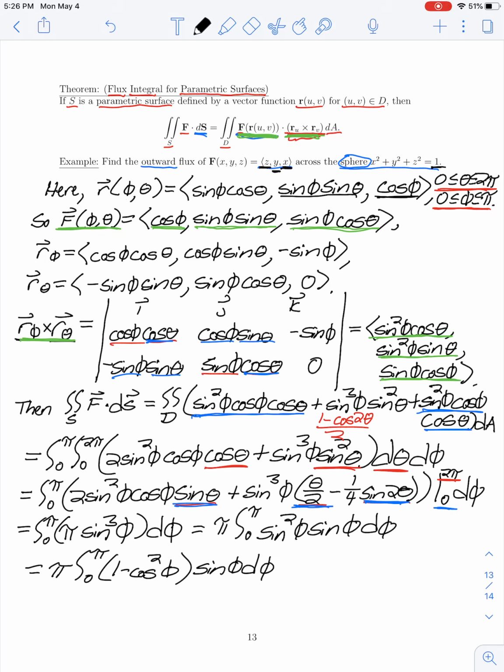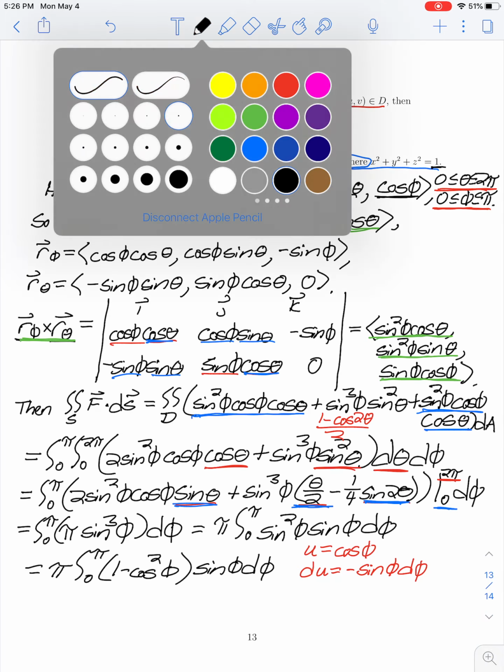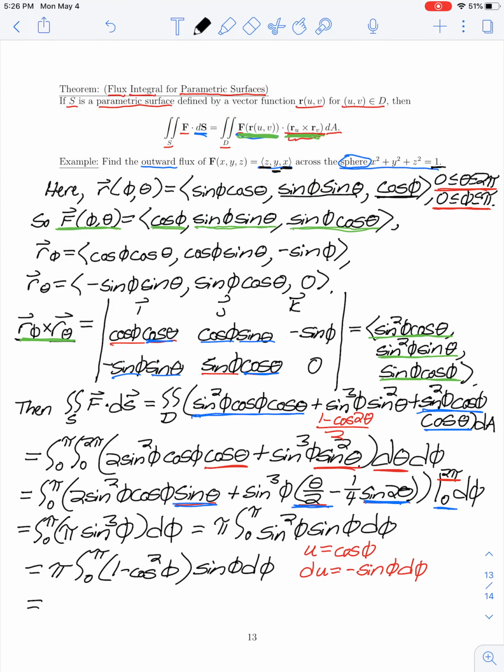So to find an antiderivative, I can make use of a u substitution. If I were to let u equal cosine of phi, then du would be negative sine of phi d phi. So converting this to an integral in terms of u, we have our constant pi out in front. We have the integral of 1 minus u squared.